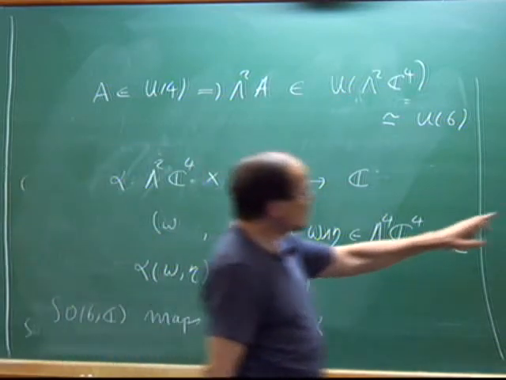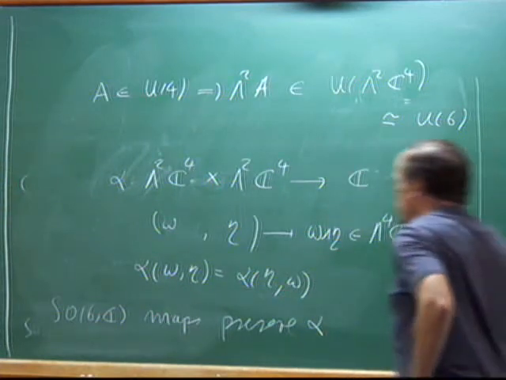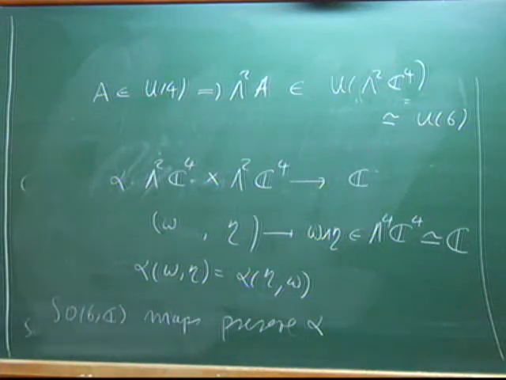So let's now do part A here. We have a natural way to go from 4 by 4 to 6 by 6. So take an element A in SL4C. I take lambda 2 A. That now goes from lambda 2 C4 to lambda 2 C4.